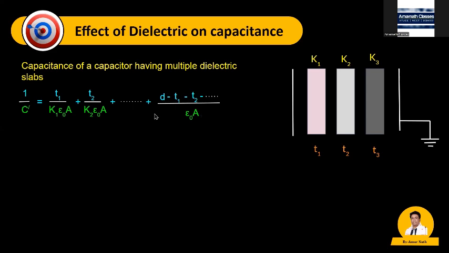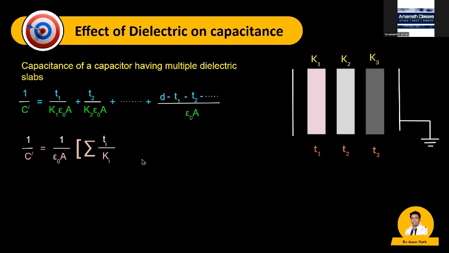Now I am going to do some mathematical treatment. 1 by C dash equals, if I take 1 by epsilon naught A common, because it is everywhere, then in the bracket, you see, here it is T1 by K1, here it is T2 by K2, and the third term will be T3 by K3, T4 by K4, like that. So I can write the sum of Ti by Ki, where i is from 1 to n, if you have n number of slabs.